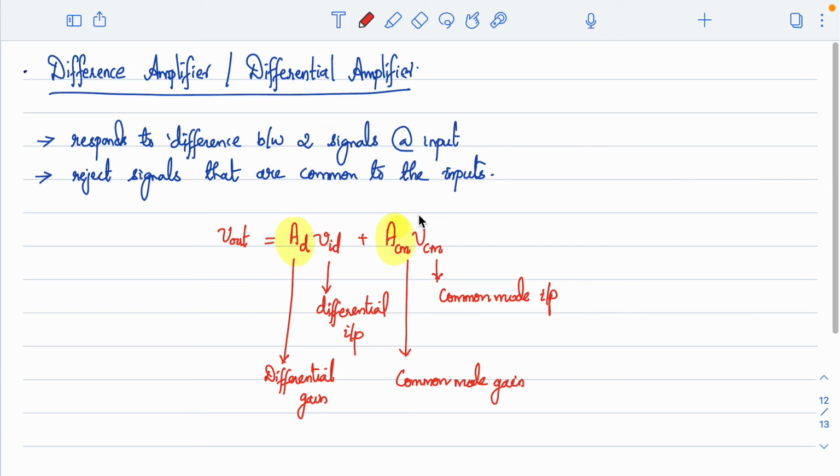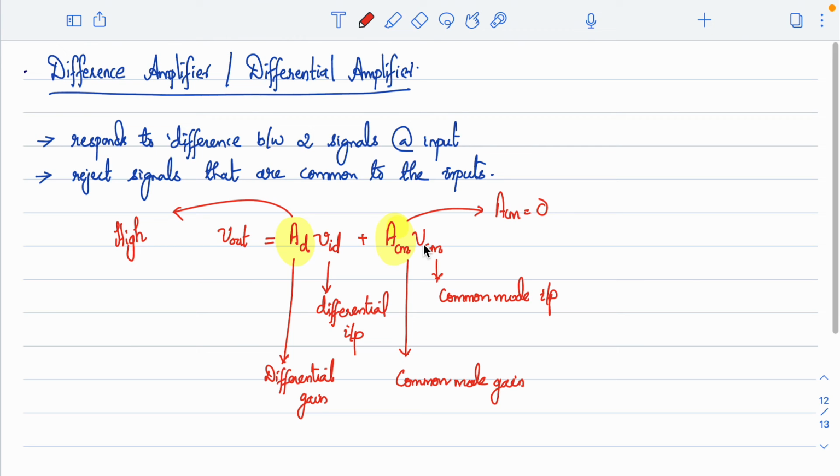Why do I say ACM should be 0? Because the circuit should not respond to a common signal. Even though there is a common signal, when it is multiplied by a common mode gain of 0, it becomes nullified. That is our expectation.